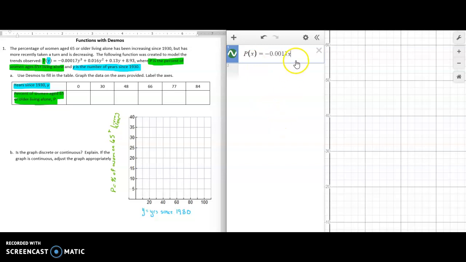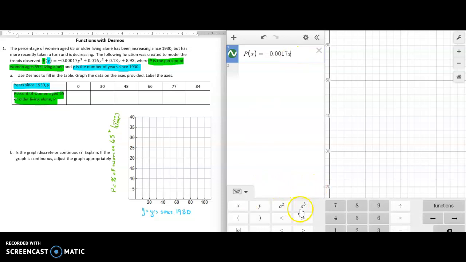And when we get to the raised, we can use our A to the B button, and we want to raise that to the third power. And we just click down or tap on it, or you can use the arrow key, which will also move it for you.